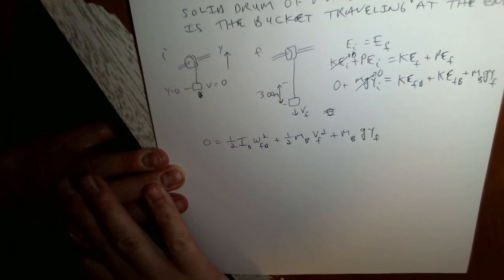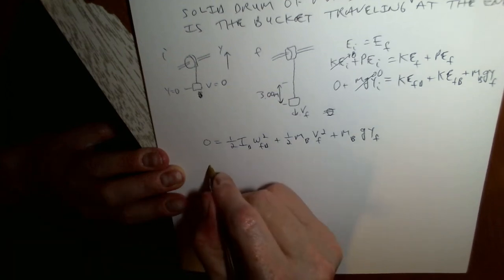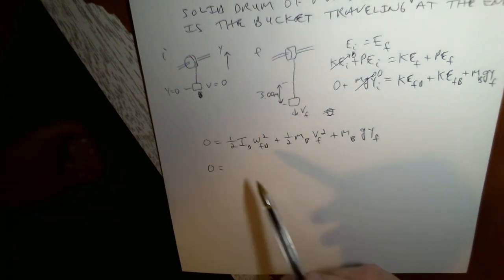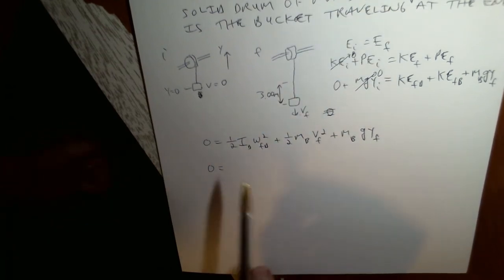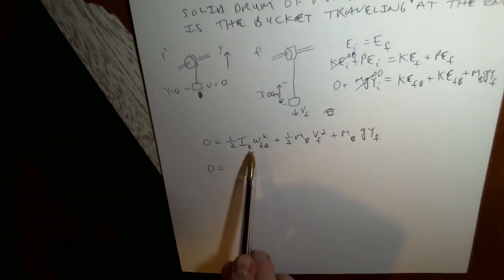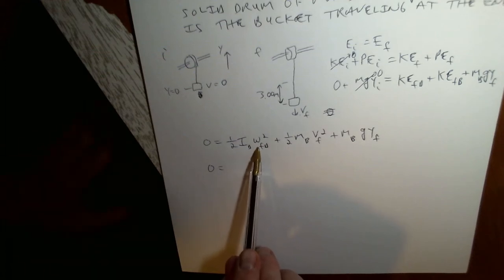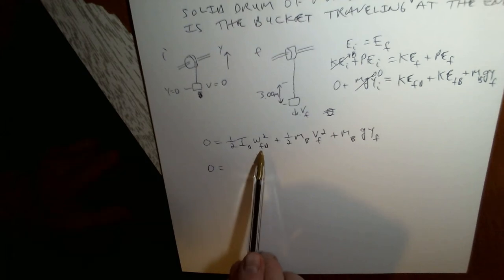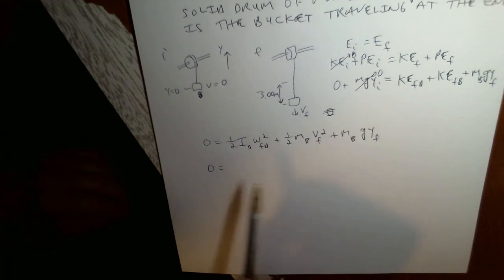Okay, now I have a rotational velocity here, an angular velocity, and a linear velocity.